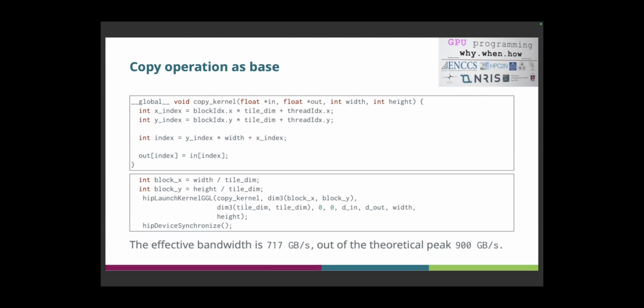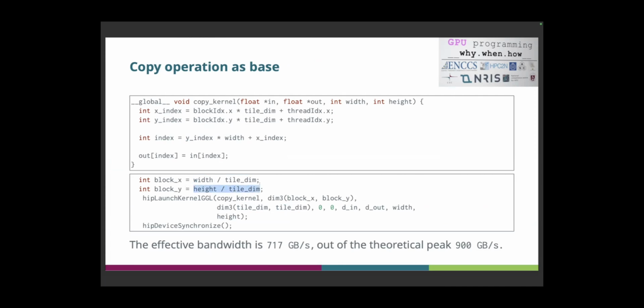When we call this kernel, each block contains TILE_DIM times TILE_DIM threads. So if TILE_DIM is 8, then we have 8 times 8. If it's 32, we have 1024. And then we have block x and block y, which are defined as the width divided by this and the height divided by this.